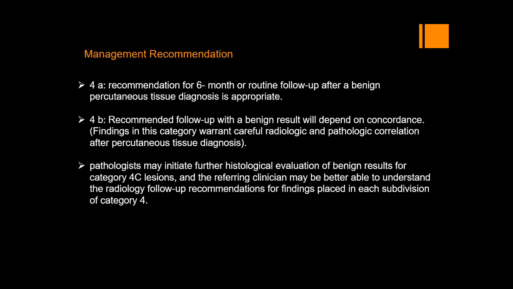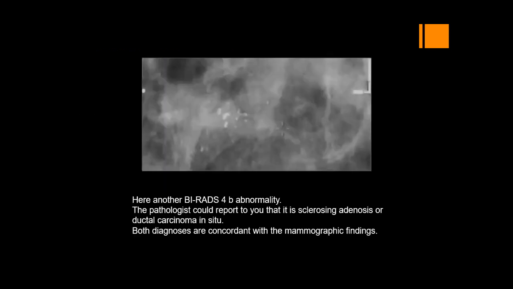For BI-RADS 4C, the pathologist may initiate further histologic evaluation of a benign result. The referring clinician may then better understand the radiology follow-up recommendations for findings placed in each subdivision of category 4. For these examples, we have a group of polymorphic calcifications.